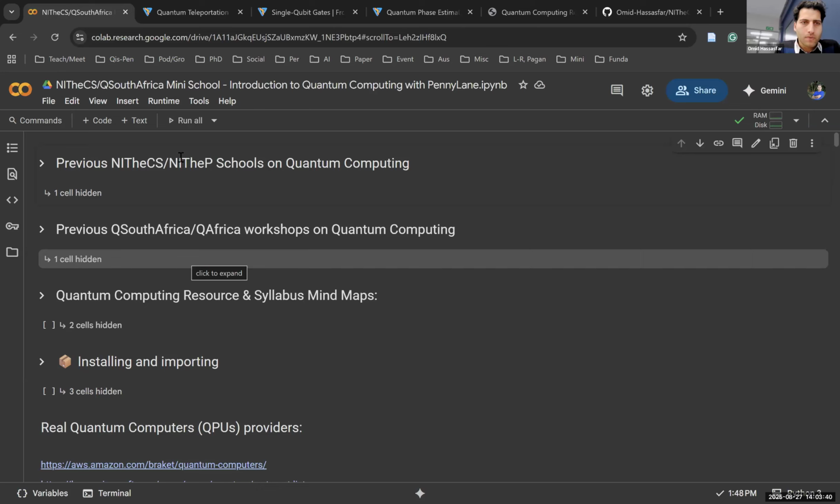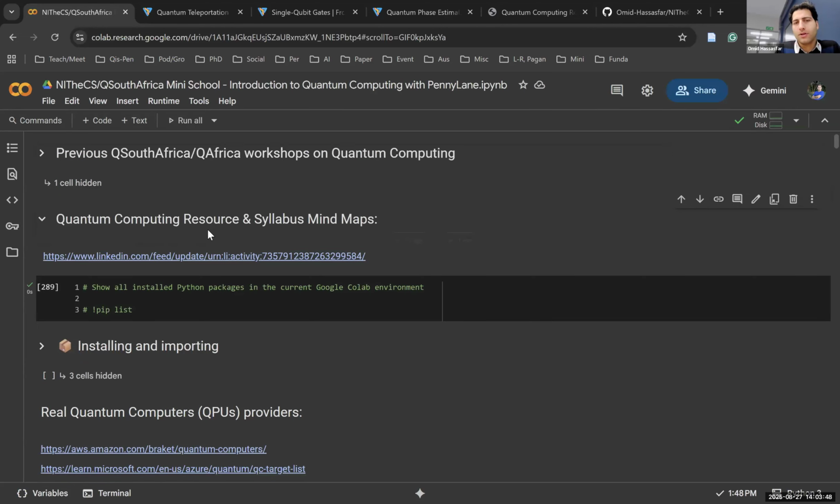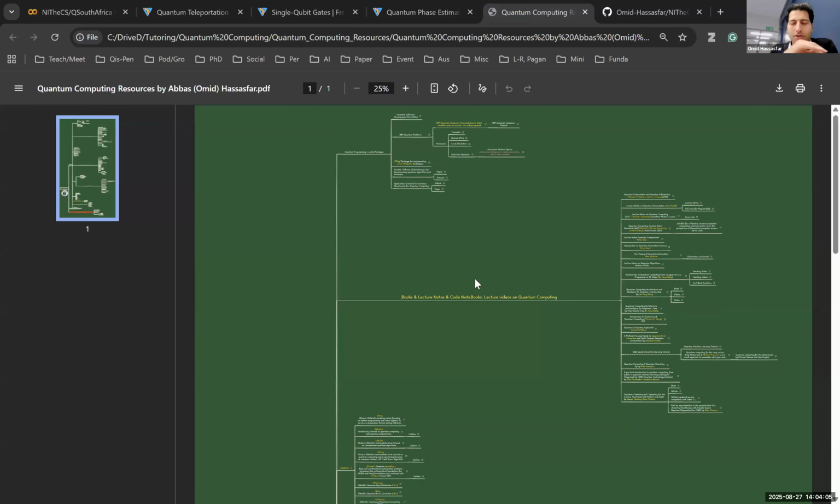Let me open this quantum computing resources syllabus mind map. I opened it already here, and there are a bunch of resources you can investigate and explore.